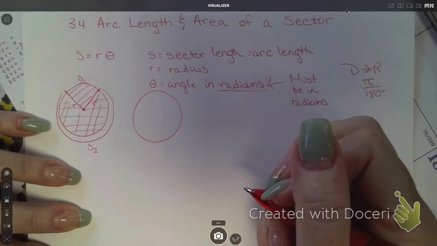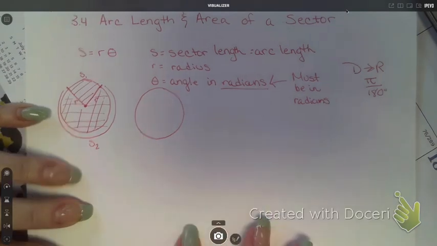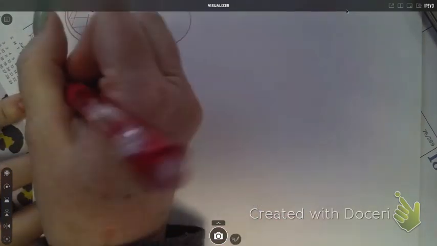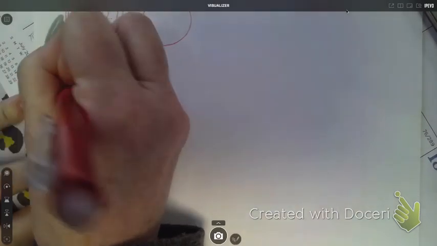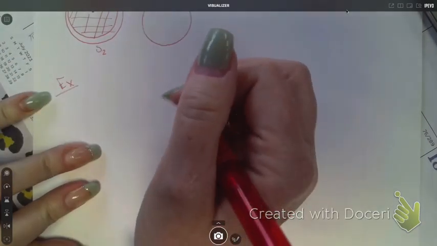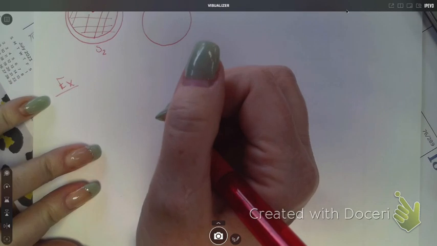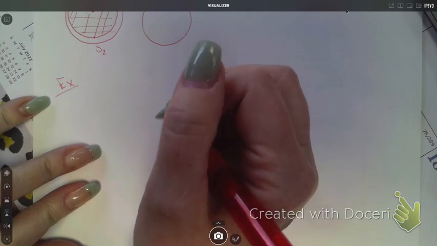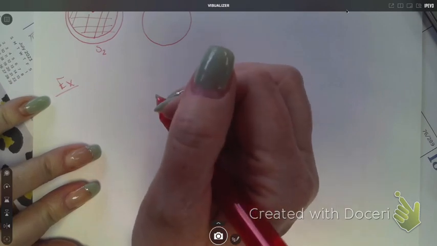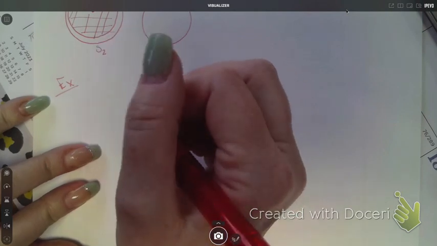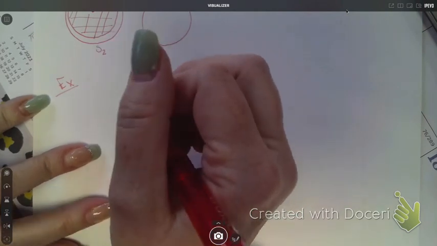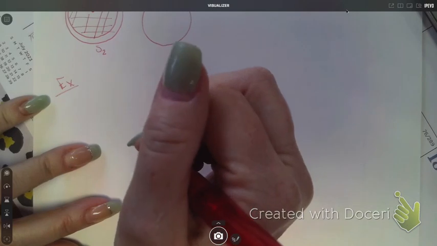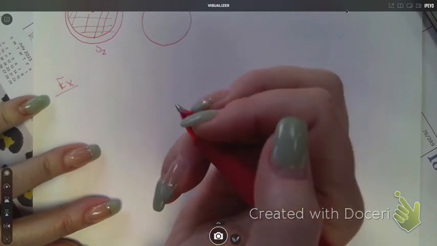Okay, so we're going to use that. I'm not going to do much with that because you already know how to do it. So all these problems you should be able to do today, right? Yes. Okay, given that, give the length of an arc cut off by a central angle of 2 radians in a circle of radius 4.3 inches. So the first thing you need to do is make a what?